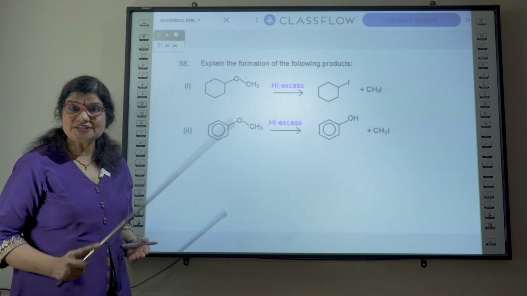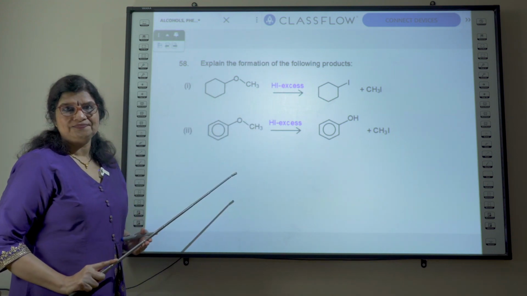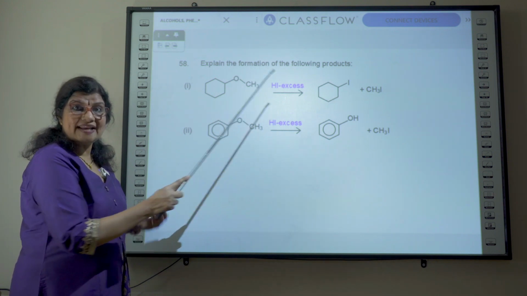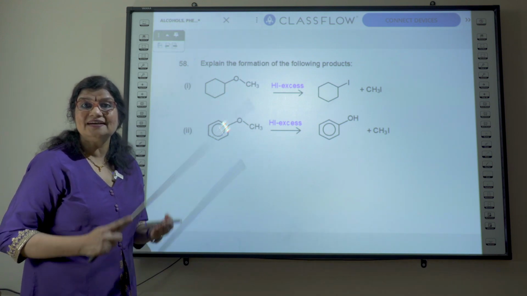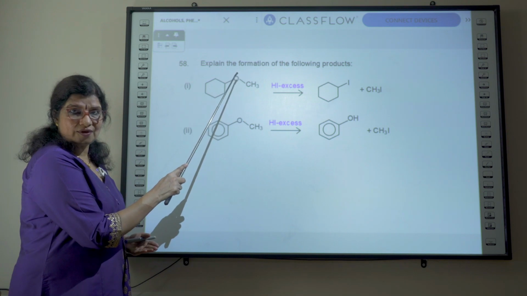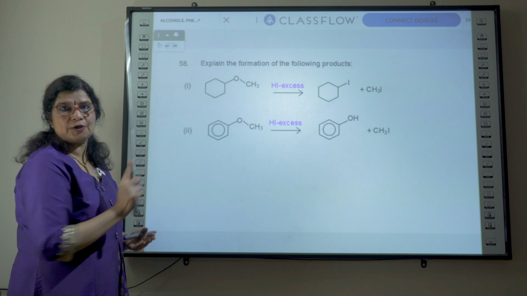In an SN2 pathway, the nucleophile iodide ion will get attached to the less bulky alkyl group, or at the less hindered site. So that bond will break, which is attached to a less bulky alkyl group.